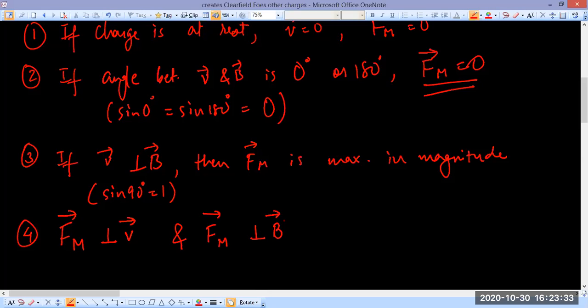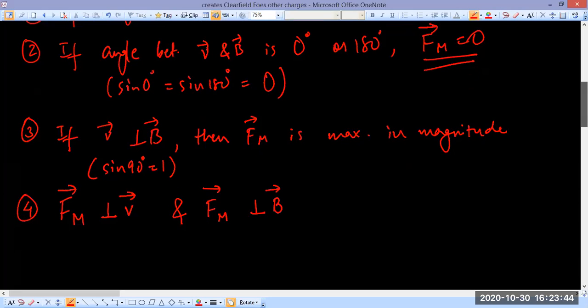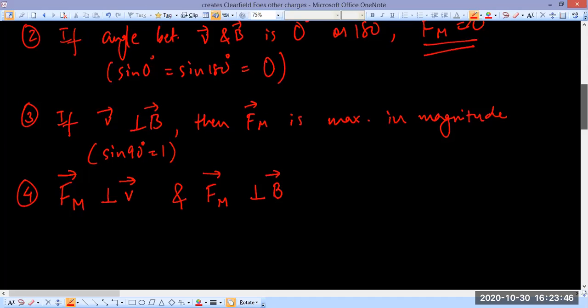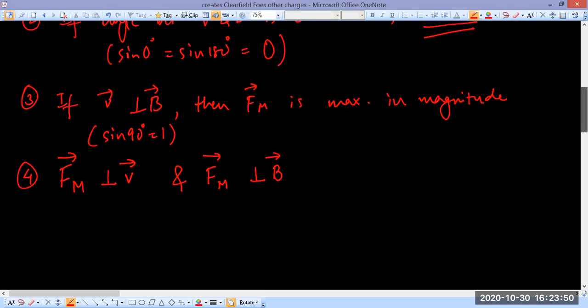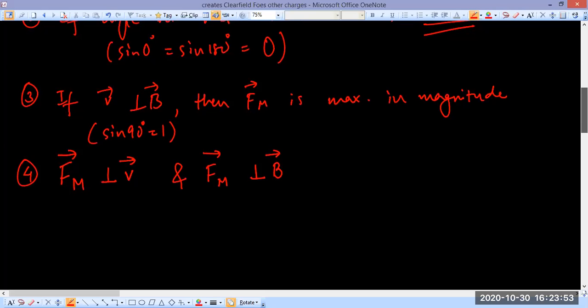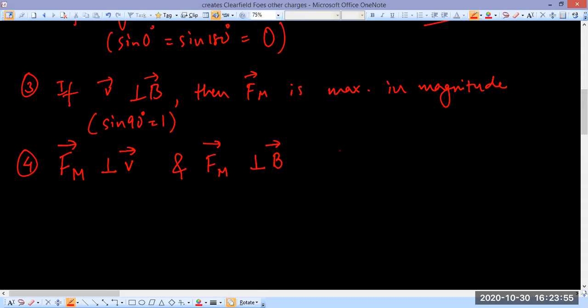Remember, instantaneous velocity: perpendicular to whatever the velocity is. Similarly, it is also perpendicular to the magnetic field. This is clearly due to the right hand thumb rule.